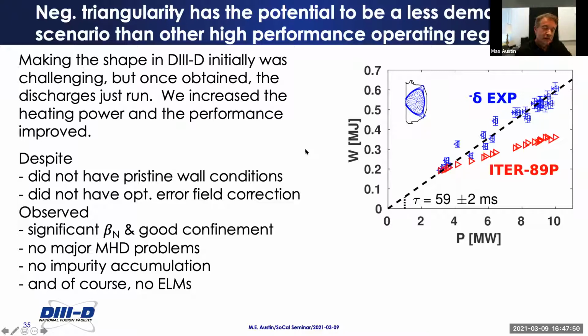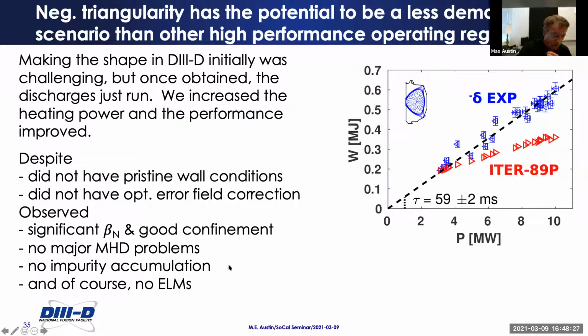But the point of this slide is that even though so far we ran these discharges when we could, we didn't have pristine wall conditions. We didn't necessarily have super bad conditions, but we never ran after boronization with those very good wall conditions. And in the beginning we didn't have optimized error field correction. But nevertheless, we observed significant beta, good confinement, and again, no MHD problems, no impurity accumulation.